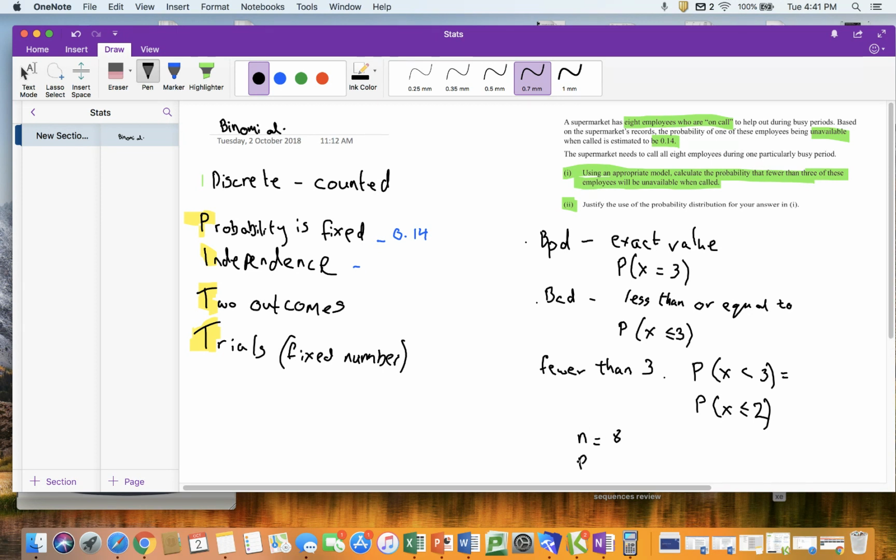I know p, which is my probability, is 0.14. I know my value that I'm working out, in this case it's going to be X, is going to be 2. Okay, so that's because my value here was 2.